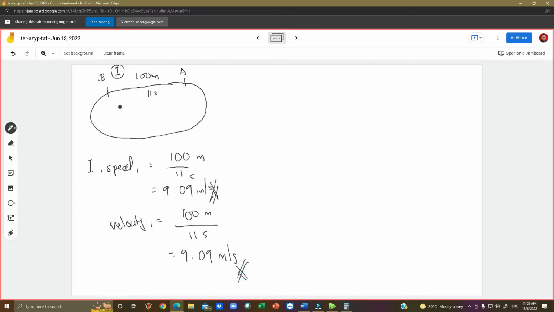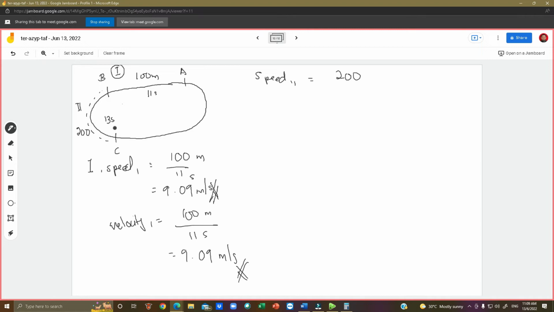Okay, next, the same fella continues running to C. Okay, from A to C, which gives a different distance. Let's say this one takes 13 seconds from A to C. So kita namakan dia section 2. So speed for section 2 is 200 meter.